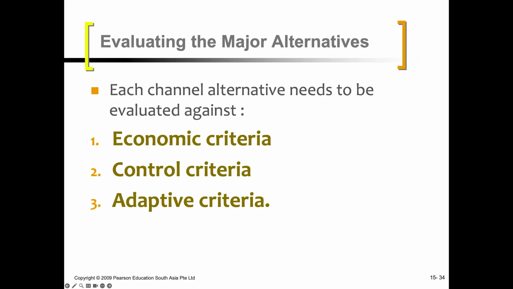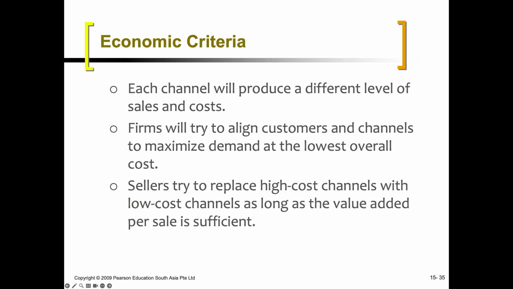So, in choosing the channels and in managing the channels, there's a step where you need to evaluate the major alternatives. Each channel alternative needs to be evaluated against economic criteria, control criteria, and adaptive criteria.